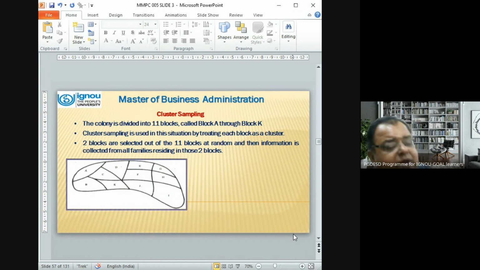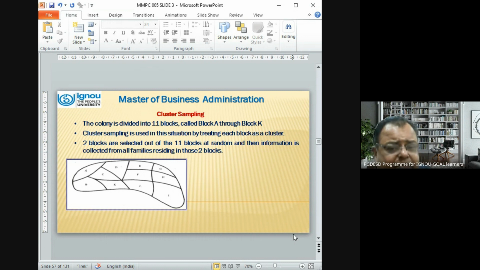Each block from A to K. Suppose we take up a locality. I don't know in which part of the city you people are living. If we take a locality as an example, say a Nagar, there are different blocks, and there are sectors as well.